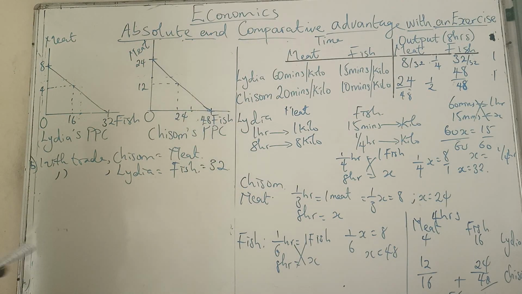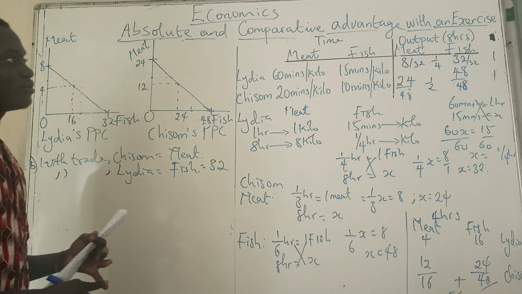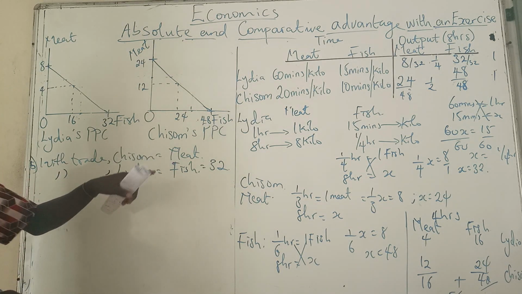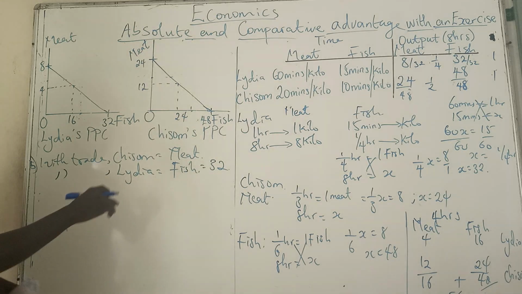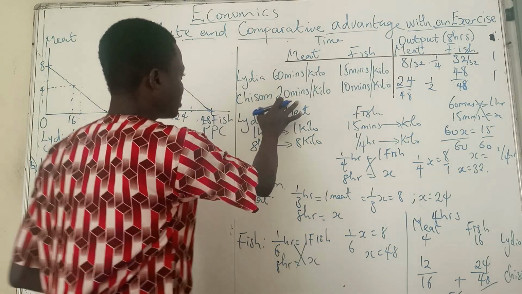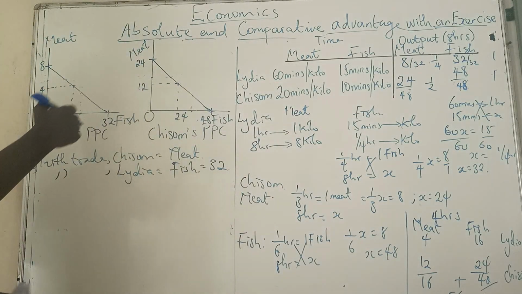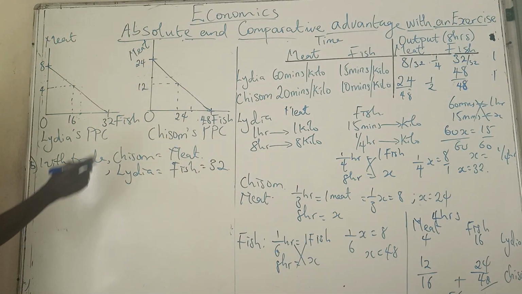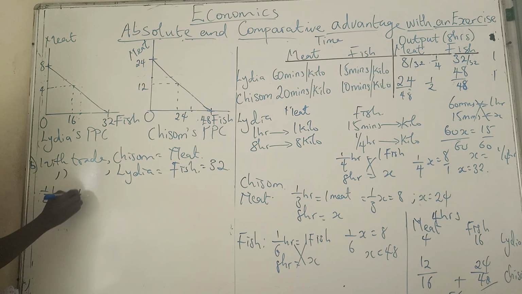Now Chisom is spending 6 hours in the production of meat, which she is meant to specialize in. For meat, Chisom can produce a kilo of meat in 20 minutes. So how many would she be able to produce in 6 hours? 20 minutes is the same thing as 1 over 3 hour, which is equal to a kilo of meat.